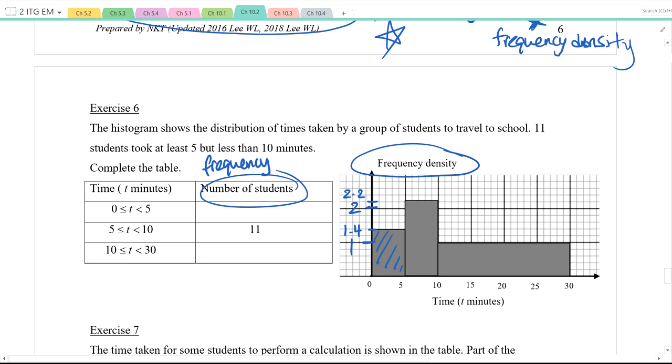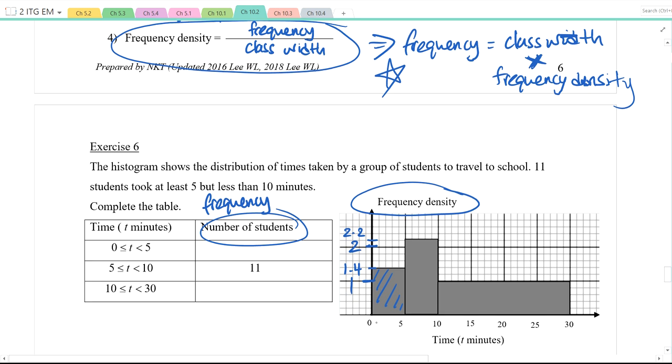So now if I want a frequency, I simply take the class width, which is 5. This is my class width, multiplied by the frequency density of 1.4. So 1.4 times 5 will give me 7. Okay, let's do a check for the next one.